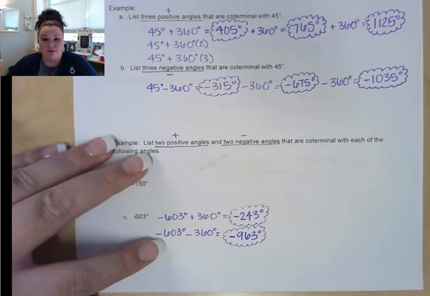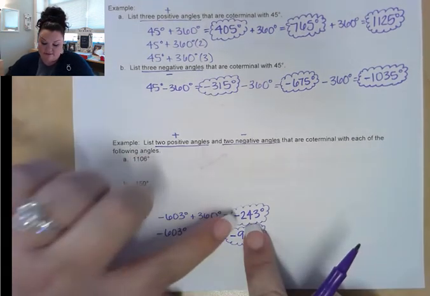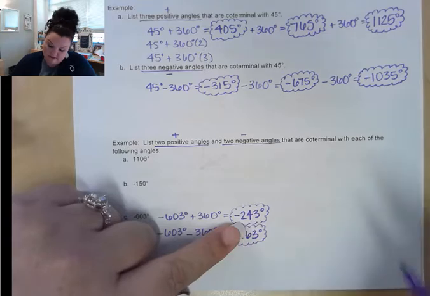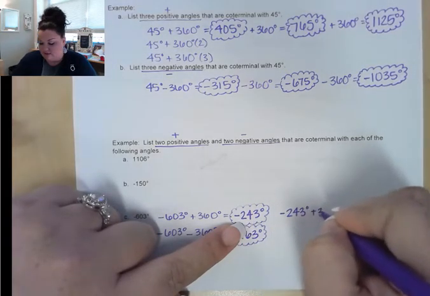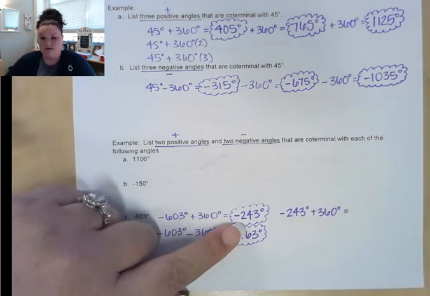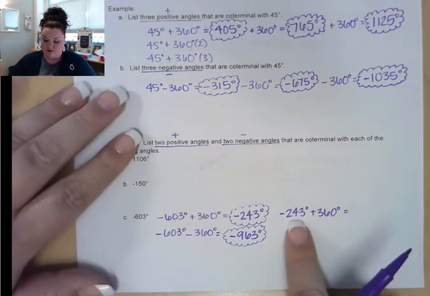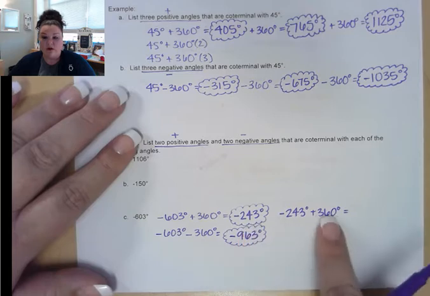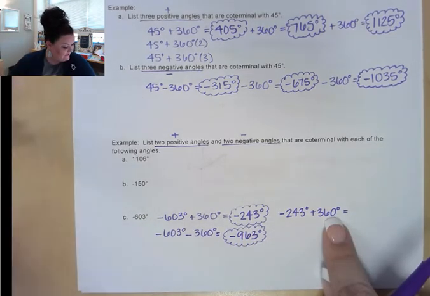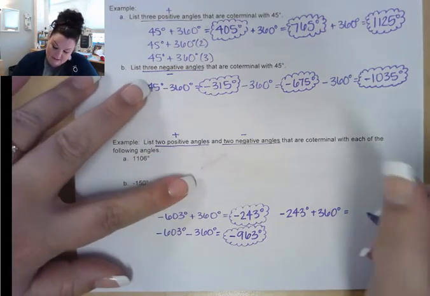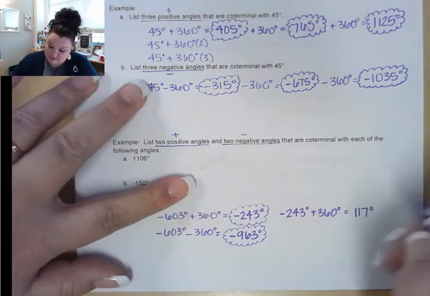Now I need to find 2 positive ones. So now I'm going to go back up to this one, the negative 243 degrees, and I'm going to add 360 to it. So negative 243 degrees, because I already know it's coterminal, plus another rotation or another revolution gives me a positive 117 degrees.